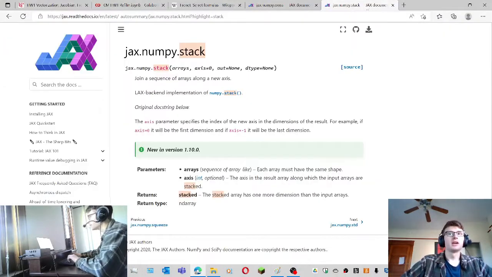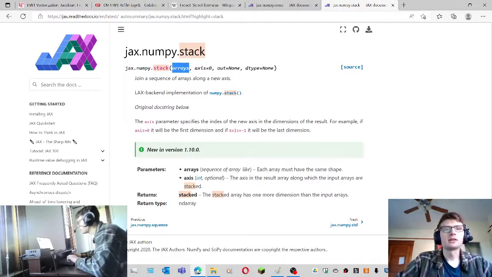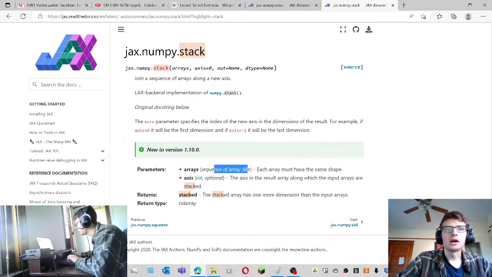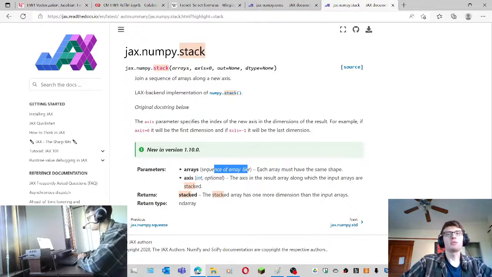Unfortunately, I have some documentation up right here. So jnp.stack. It needs a list of arrays, right? A sequence of array-like, so it needs to have a bunch of arrays with the same shape. I already have that with n and b, they're the same shape. And then I need to give it an axis.